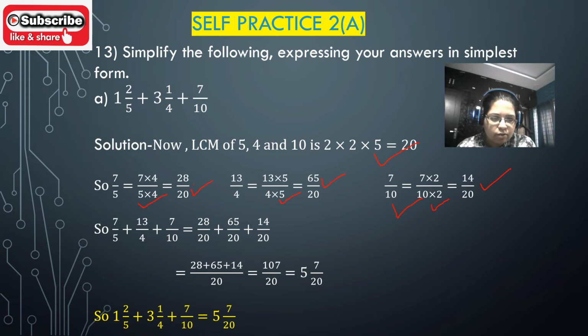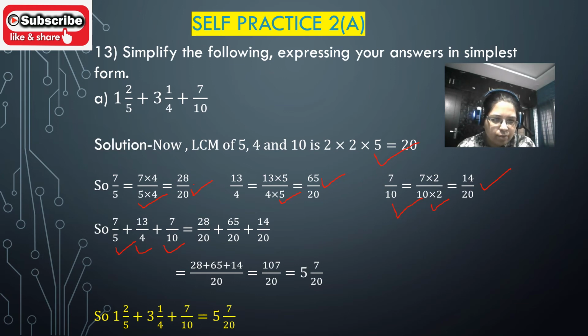Now all fractions are equivalent fractions, so we have to add them. 7/5 plus 13/4 plus 7/10 equals: 7/5 is equivalent to 28/20, this is the equivalent fraction.